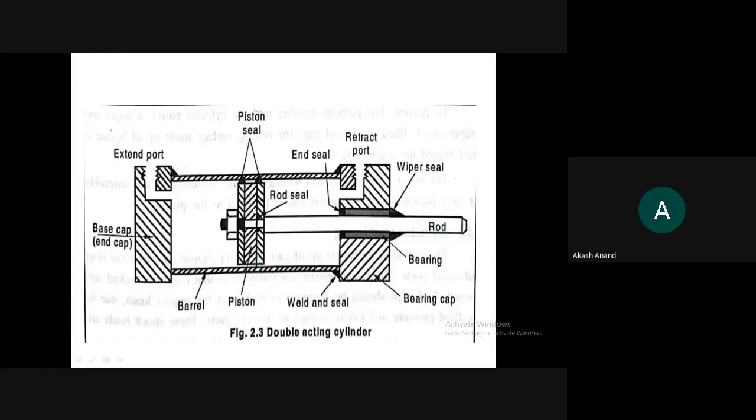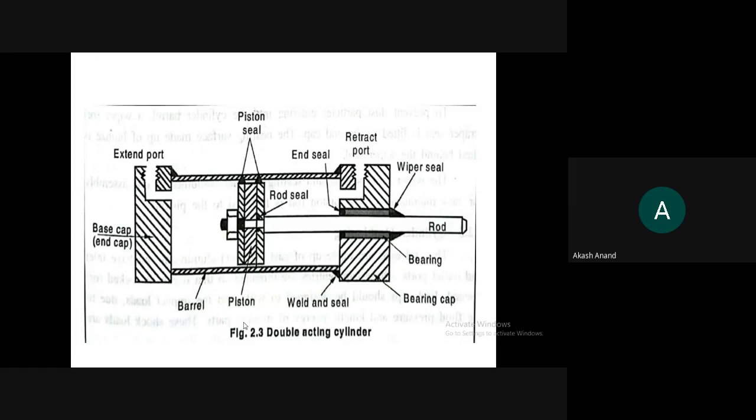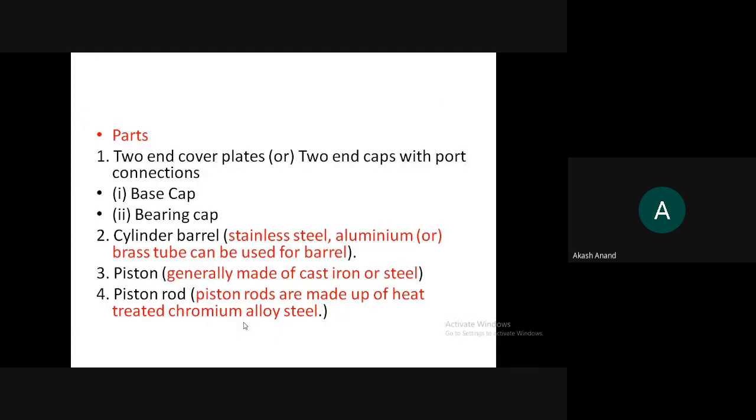Next is the piston rod, which is made of heat treated chromium alloy steel. This is the basic information I'm giving you to understand how a double acting cylinder is made.